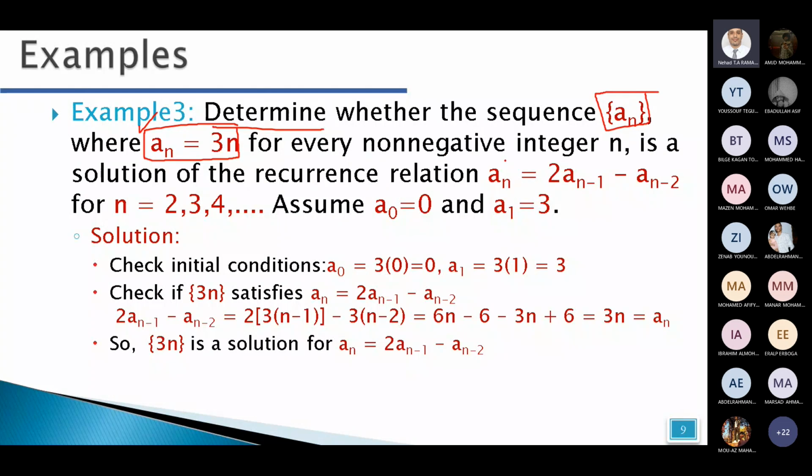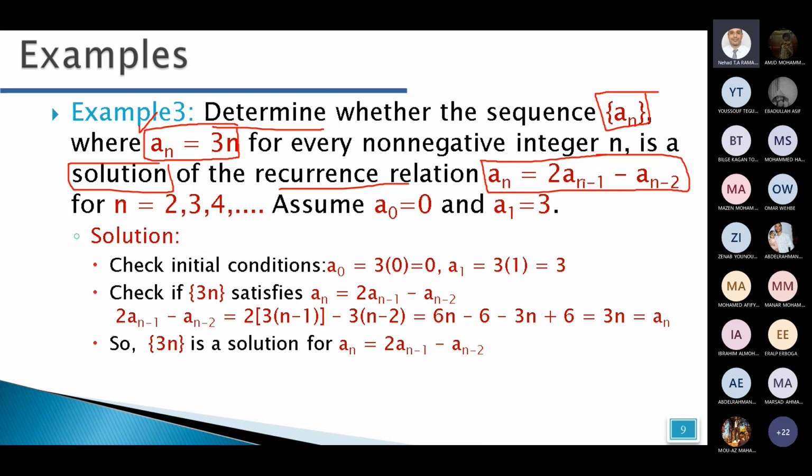is a solution for every non-negative integer n. So we need to check if this one is a correct solution for this recurrence relation. So we have the solution, we have the recurrence relation.